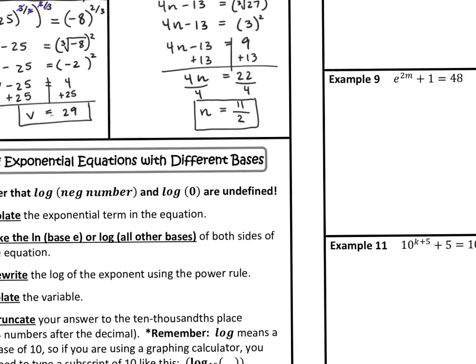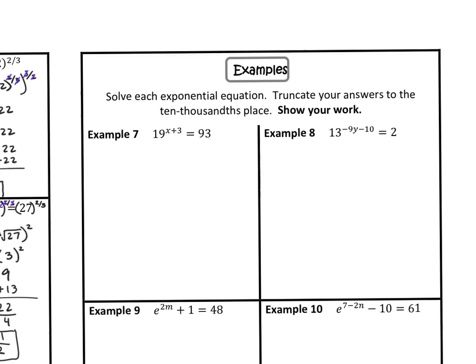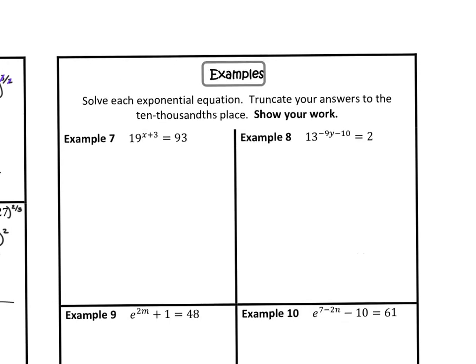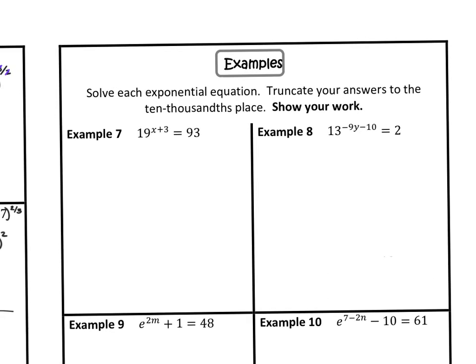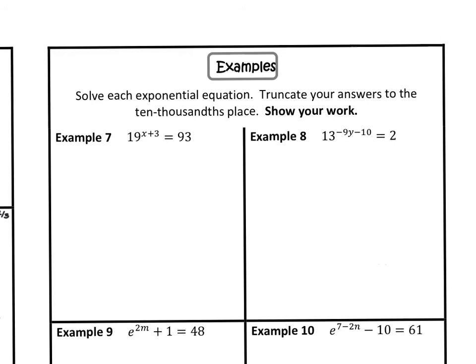So let's look at example 7. All right. So, step 1. Isolate the exponential term. So it's any term that has a base and an exponent. If you notice here, it's by itself.